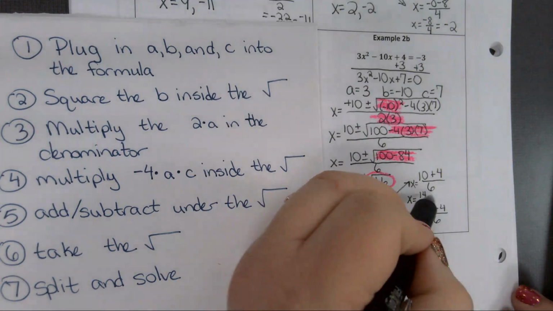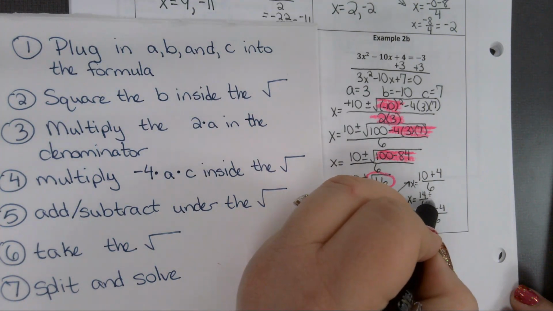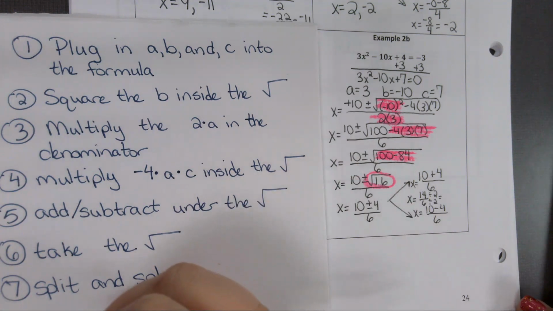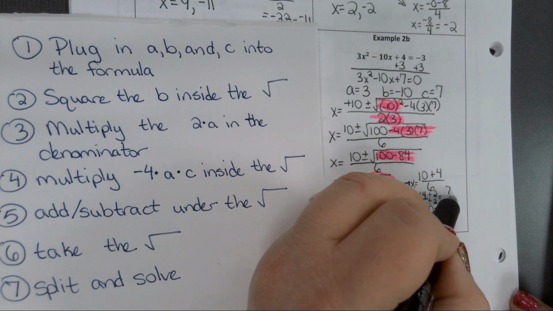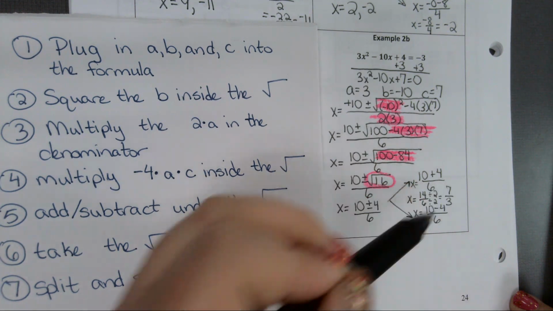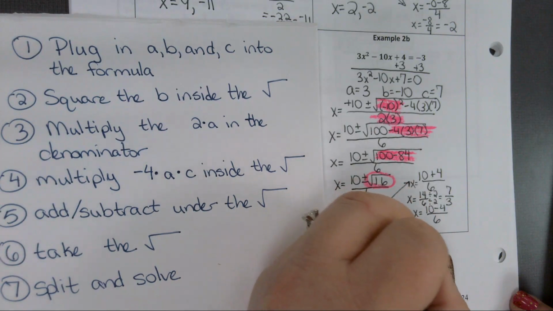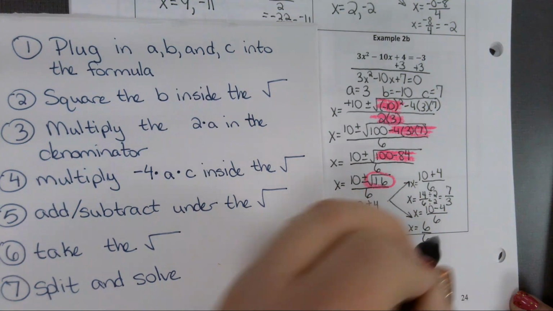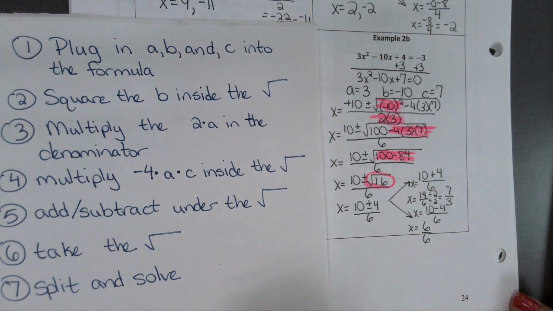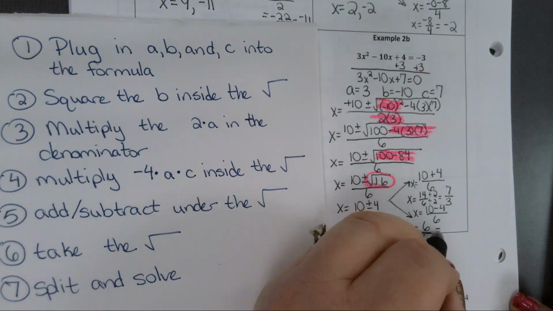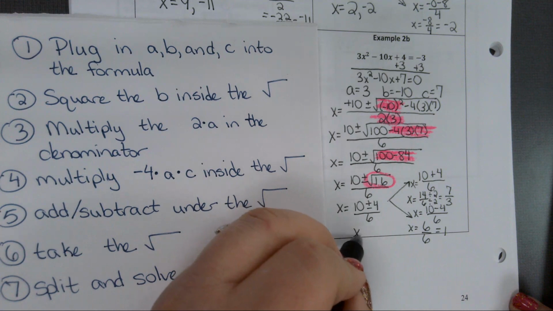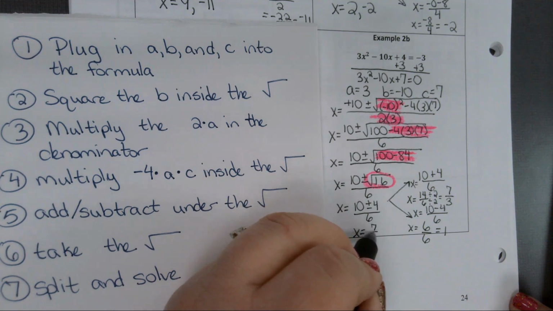That doesn't go in evenly, so I'll need to reduce by 2 on top and bottom. Do apologize for how tiny this might look. So we have 7 over 3. And then on the bottom, 10 minus 4 is 6. And 6 over 6 is equal to 1. So x is equal to 7/3 and 1.